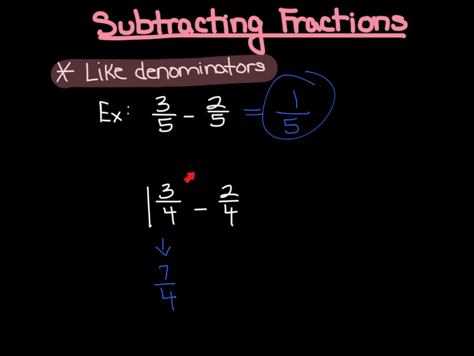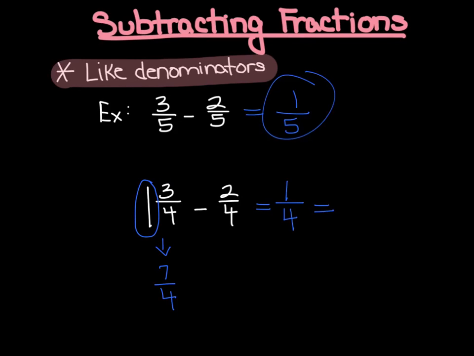If I stick with the original problem, I'm going to leave off this 1 until I'm done. And I'm just going to look at both fractions, 3/4 and 2/4. I'm going to leave my denominator the same when I subtract, and I subtract 3 minus 2, which is 1.